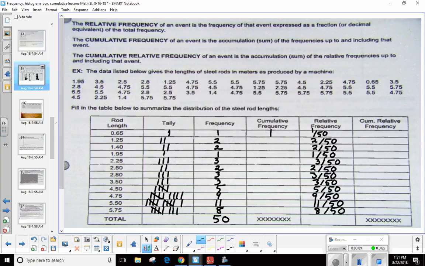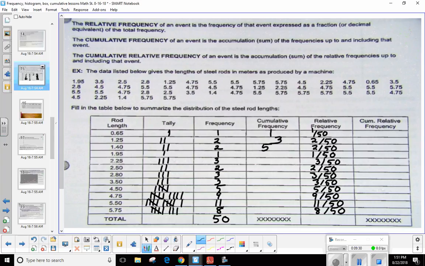So the next frequency is 2, so 1 plus 2 will give me 3. See, I'm accumulating frequency as I go down the table. Then the next frequency is 2, so 3 plus 2 will give me 5. Does everybody see how this is working? That's how you fill in a cumulative frequency chart.